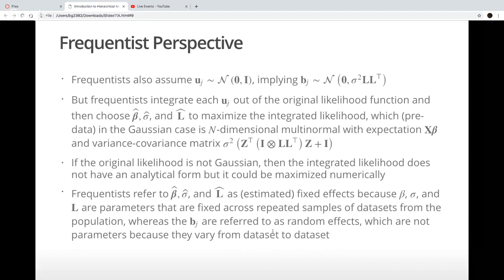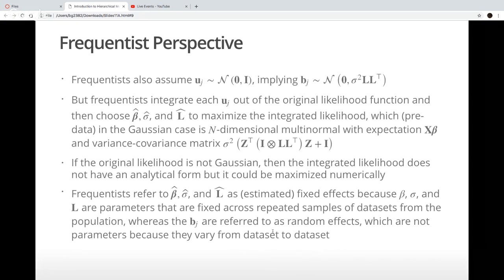That implies that the B's, the deviation from the common coefficients in the jth group, are going to be multivariate normal with covariance matrix L times L transpose scaled up by sigma squared, which is just the variance of the errors, the epsilons.